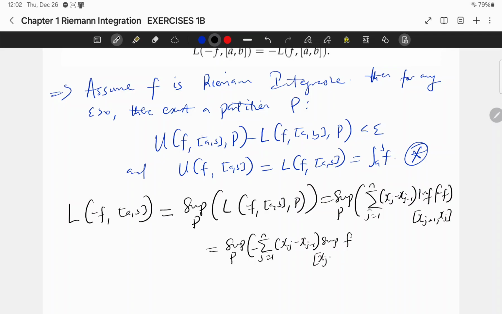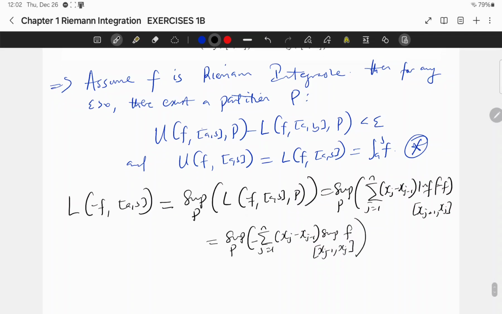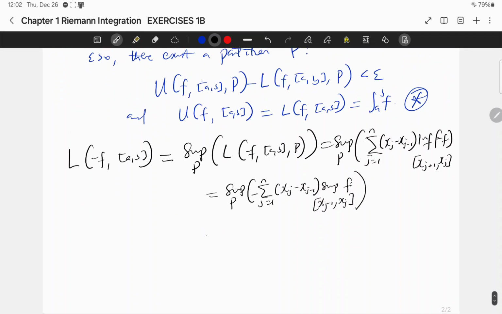and just by the properties of supremum, we have that. If you also take the sup of this negative function, you are going to have minus the infimum of this function.